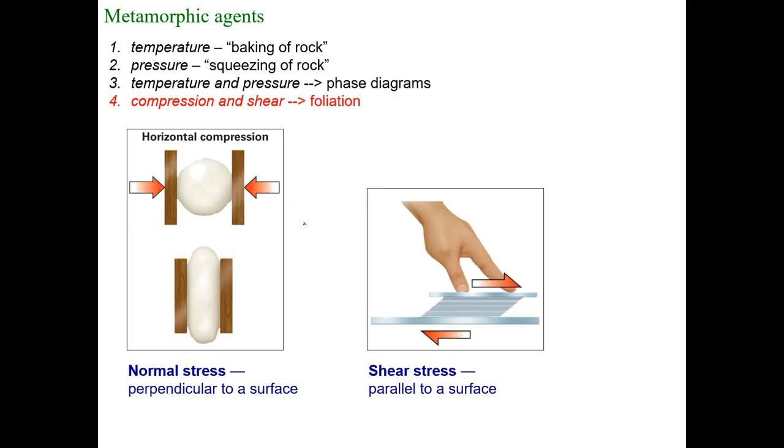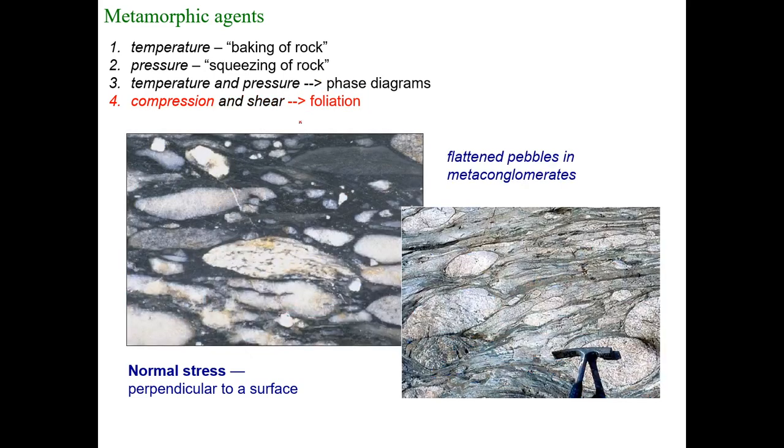Another thing is compression and shear. Shear is when the compression comes not equally from every angle, but from a certain direction. What this does is cause something very common in metamorphic rocks called foliation. Foliation is a preferred orientation of the grains.